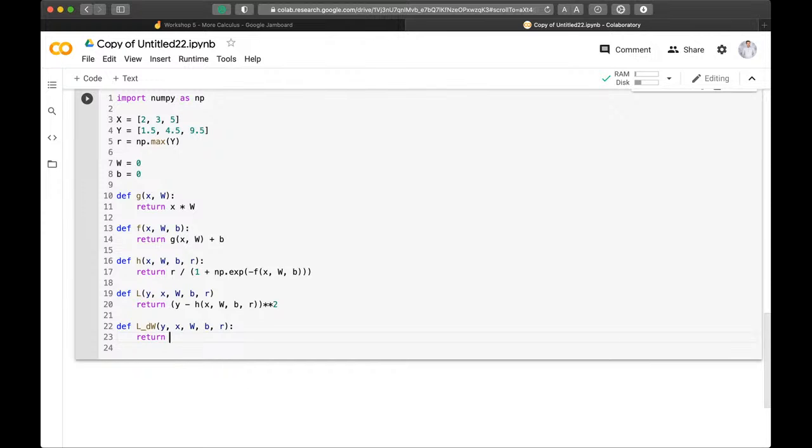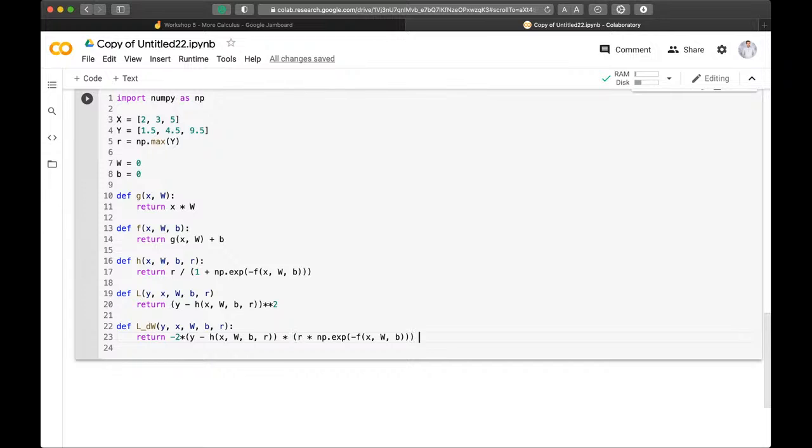Minus 2y, so here we need the multiplication sign, y minus the h, so we can just put it here like that. This is y prime basically, multiplied by the first part of the r, multiplied by np.exp minus f x v b. So this is the first part, right?